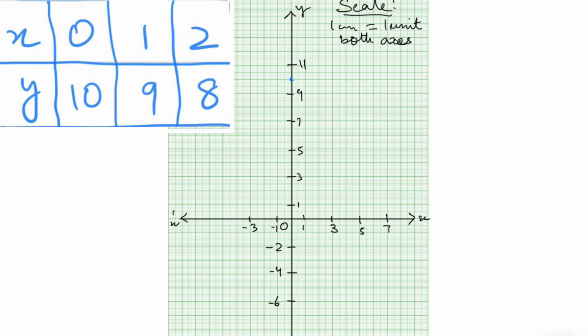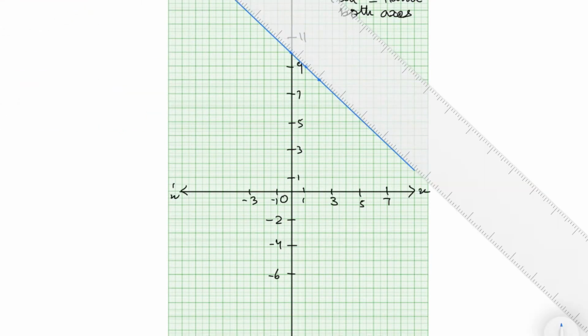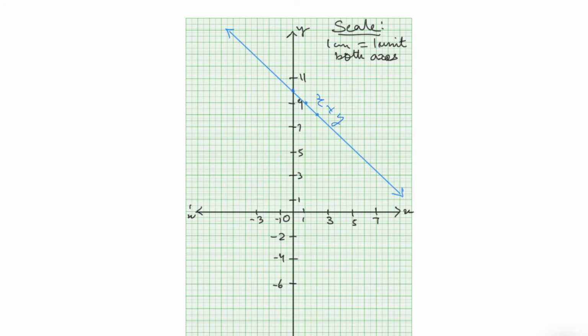Then I have 1 and 9, 1 and 9 would be this point. Then I have 2 and 8. So 2 and 8 would be this point. Let's join these points for the first line. So this line is x plus y is equal to 10.